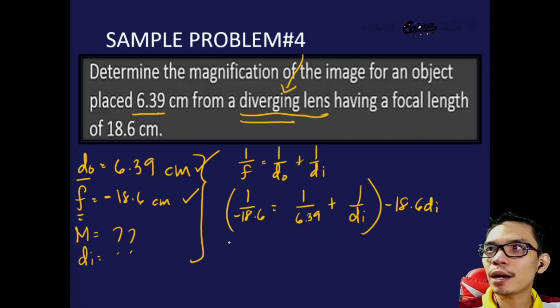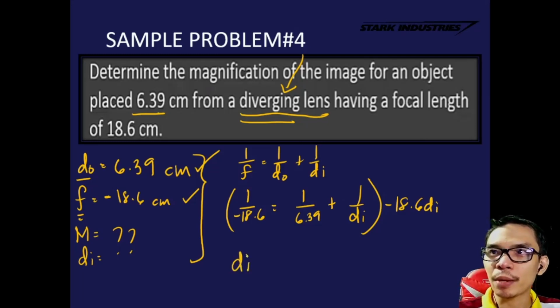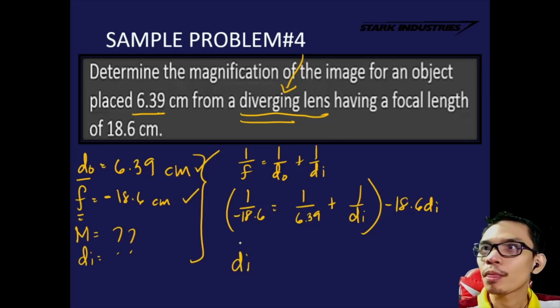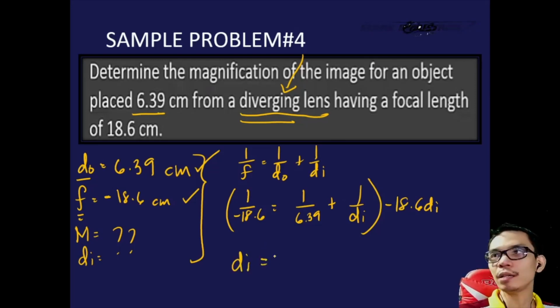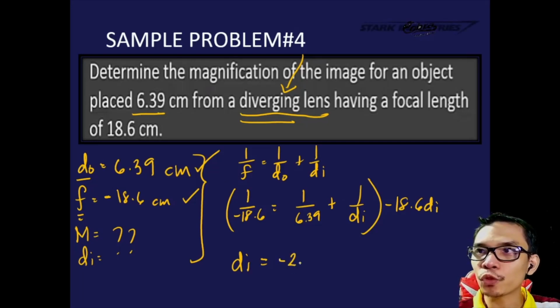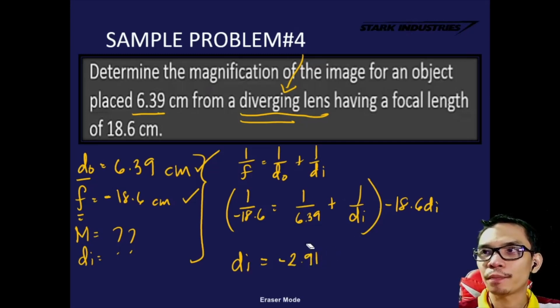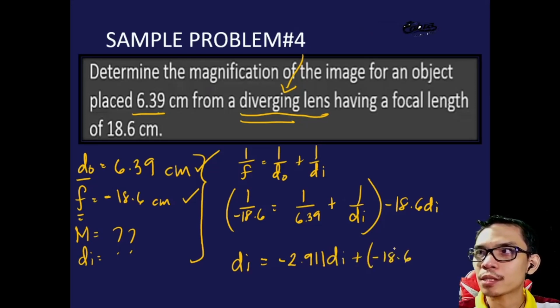Negative and negative here, so we have d sub i equal to 18.6 over 6.39. So that was negative 2.991. So d sub i plus negative 18.6.